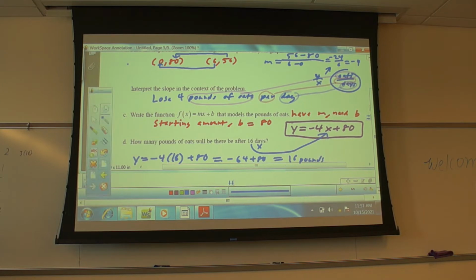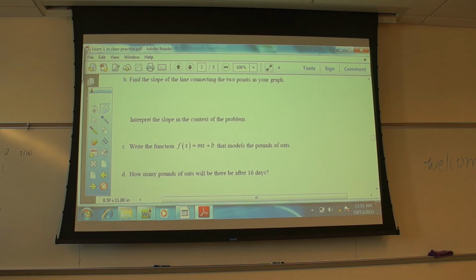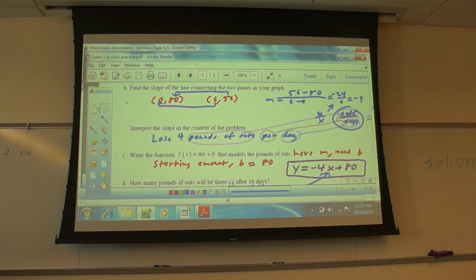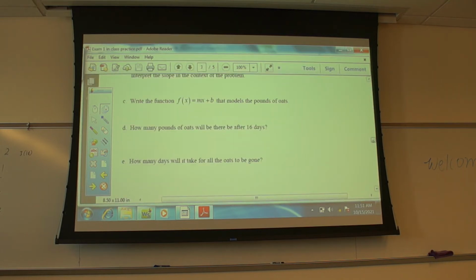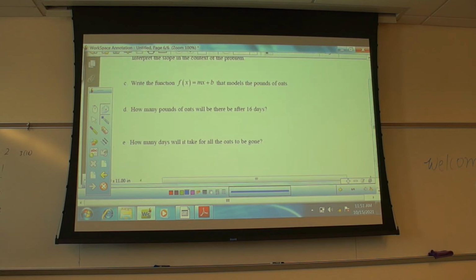And then I feel like there should be another question. Oh yeah, how long will it take for the oats to be all gone? So all gone means something's 0. What's 0? y. y is 0. Everybody following that? Okay, so let's refresh. y equals negative 4x plus 80.